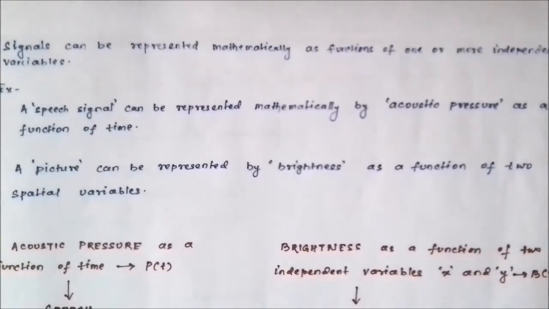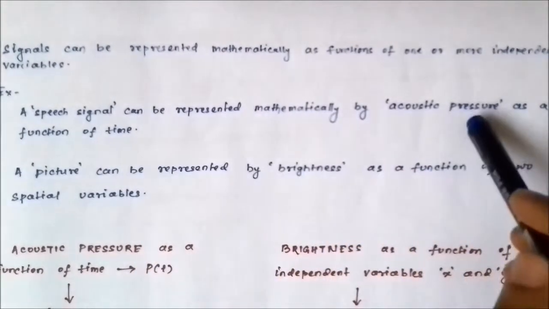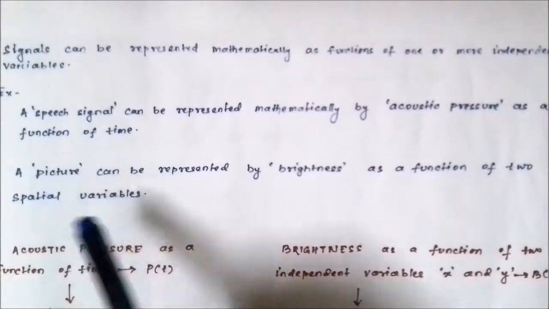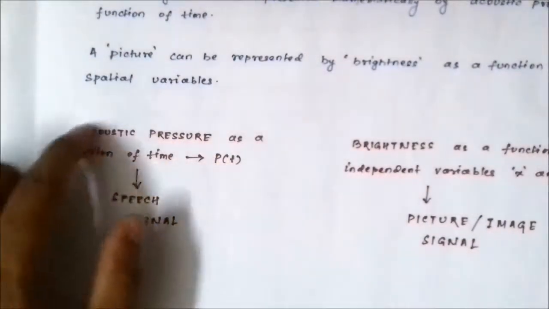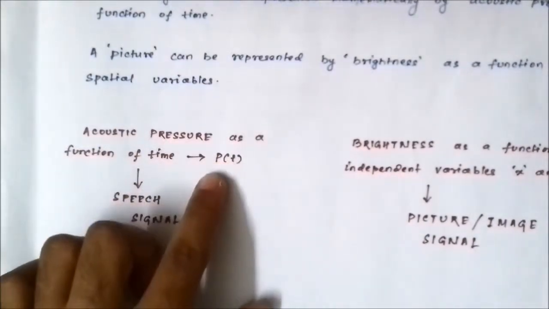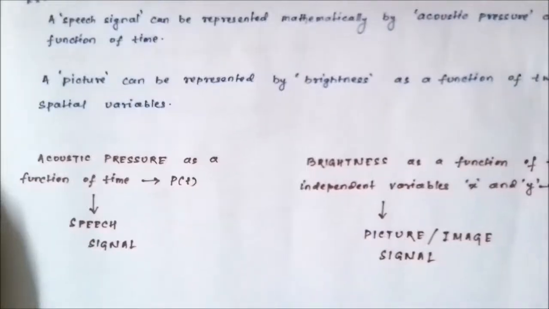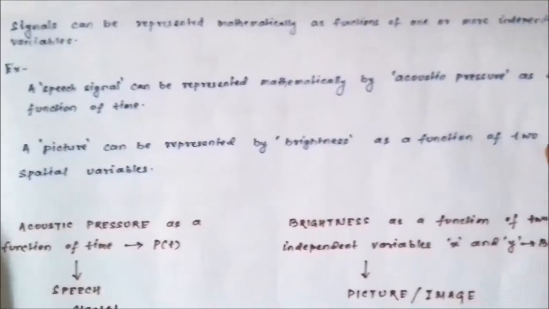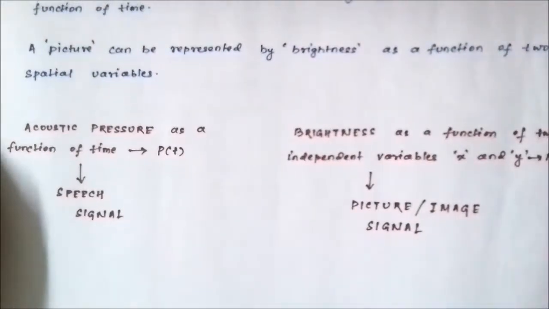So a speech signal is represented by pressure, and a picture or image is represented with the help of a brightness function. Here acoustic pressure P as a function of t is used for a speech or voice signal, and brightness is used for a picture or image signal.